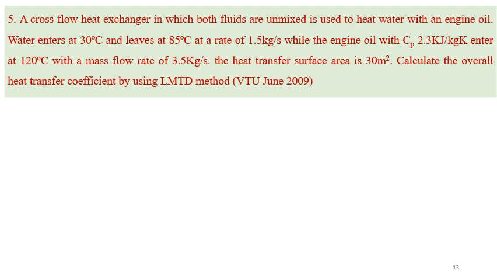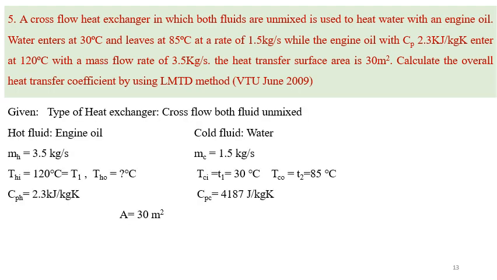Okay. So in order to solve this, first you have to note down all the given data. Type of heat exchanger is cross flow, both fluids unmixed. Hot fluid is engine oil, cold fluid is water, and the mass flow rate of hot fluid is given. Inlet temperature of hot fluid is given.